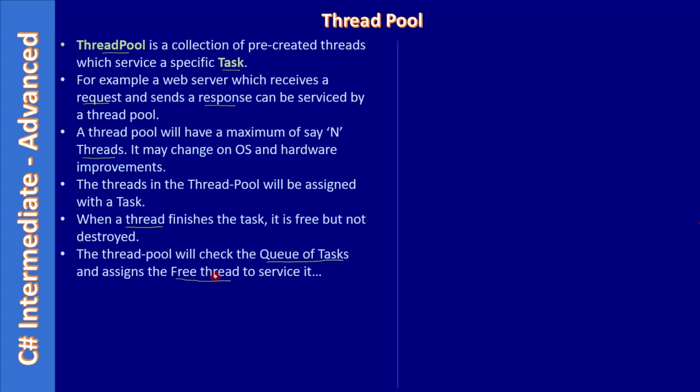Once the thread takes care of executing a task, and the task is finished, it will become free, and it will still stay in the ThreadPool as a free thread. Likewise, there can be multiple threads servicing tasks, and once they finish the task, they will return to the ThreadPool and wait for the next task in the queue.